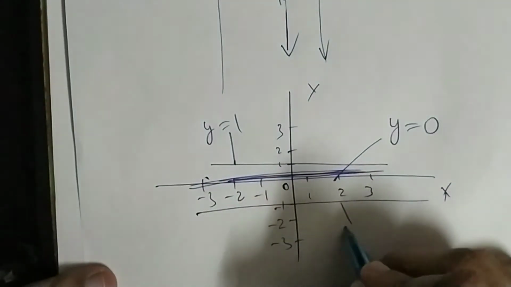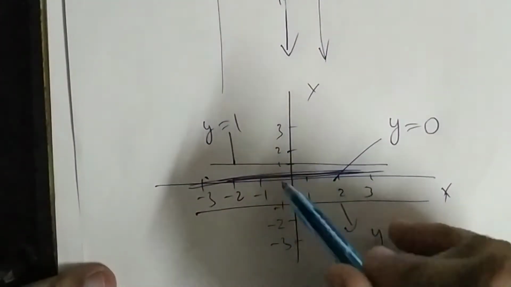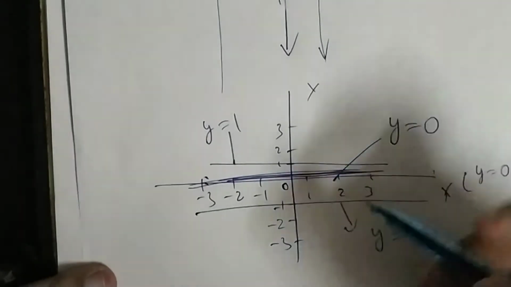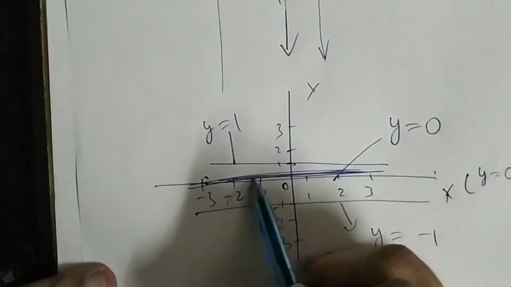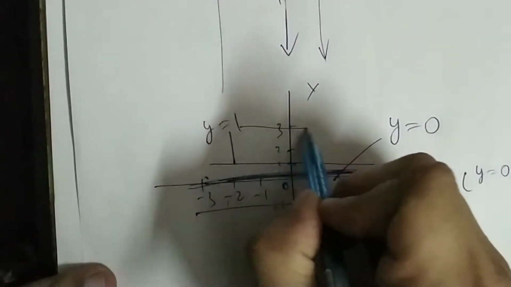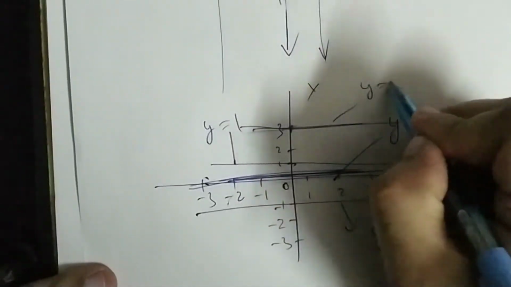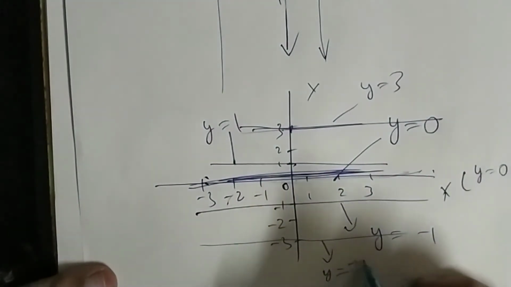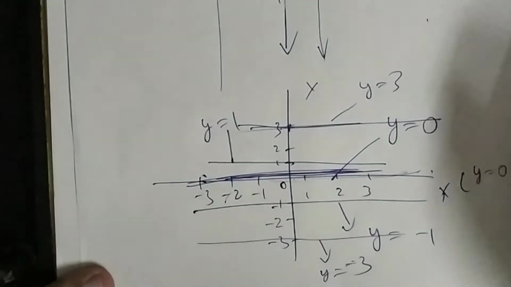This line is y equal to minus 1. So the x-axis is also known as y equal to 0. And if I have to plot any positive line, that will be parallel to this line, the x-axis. So this line is y equal to 3. This line is y equal to minus 3. So this is how we plot the simple lines, x equal to 3, y equal to 3.